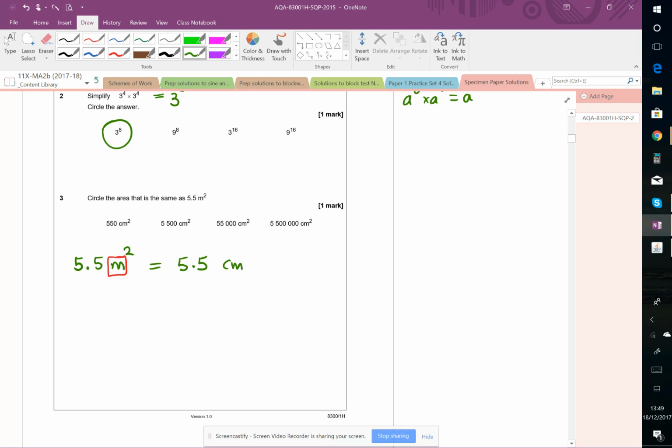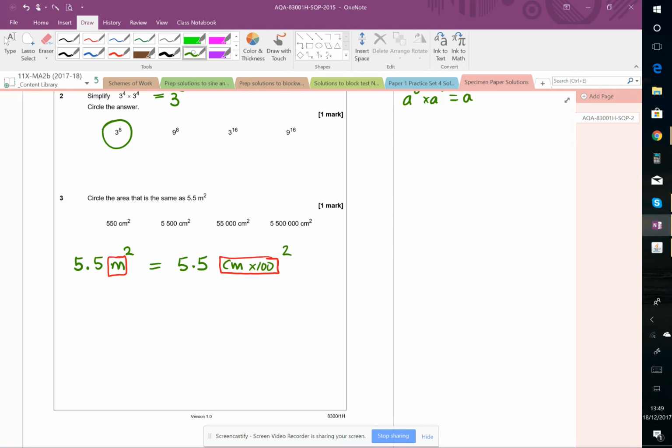I can't do that because a meter isn't the same as a centimeter, but a meter is the same as 100 centimeters. So that's the equivalent of this box. I'll put brackets around it, but you could just think of those two red boxes as being the same thing, which we agreed: 100 centimeters, this larger box, is the same as a meter.